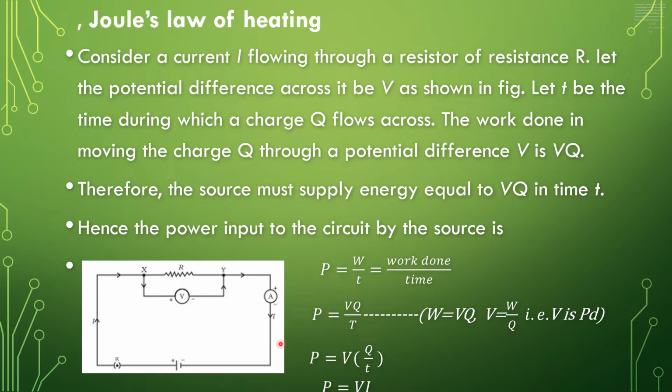When you substitute, P is equal to VQ by T. Separate V, so it will become P is equal to V into Q by T. And we know the formula Q by T is equal to I. You will get P is equal to VI, which is the power input to the circuit by the source.